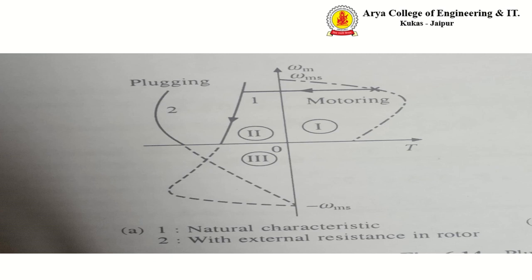This is the two lead connection diagram. In the third, two phases of the stator are directly connected, and one phase is connected to another phase supply. This is the three lead connection of the induction motor drive.